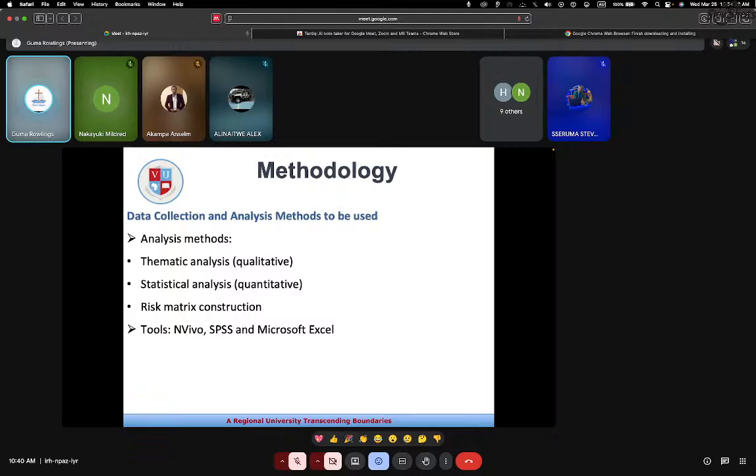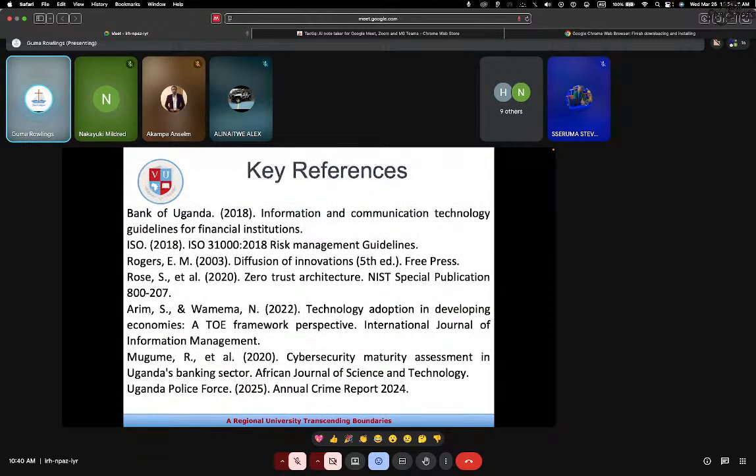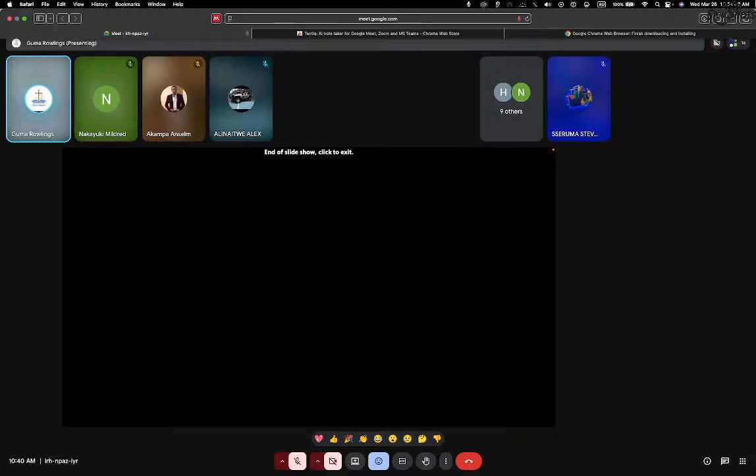We'll use tools, Excel, NVivo and SPSS. Then, of course, the numbers are informed by existing literature on the proper number when you're doing these qualitative surveys. We saw 15 to 20 for thematic, for data saturation. So then the key references that we have relied on for the research. Yeah, that is it. Thank you so much.